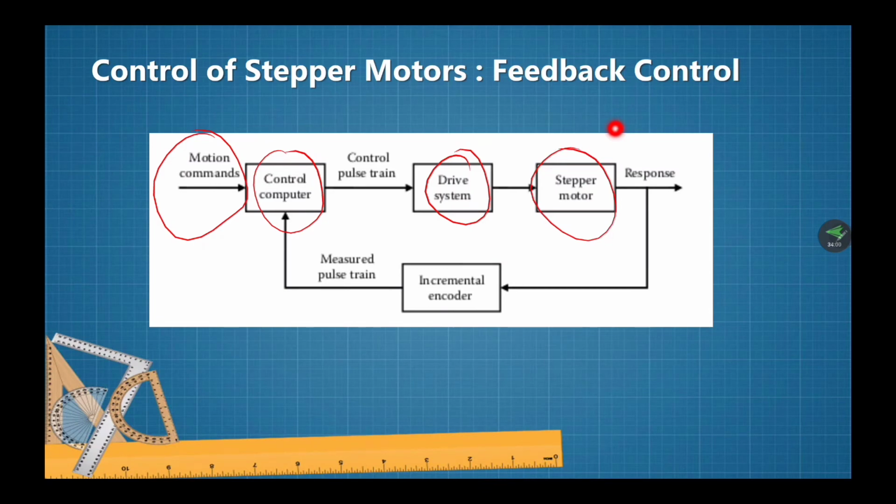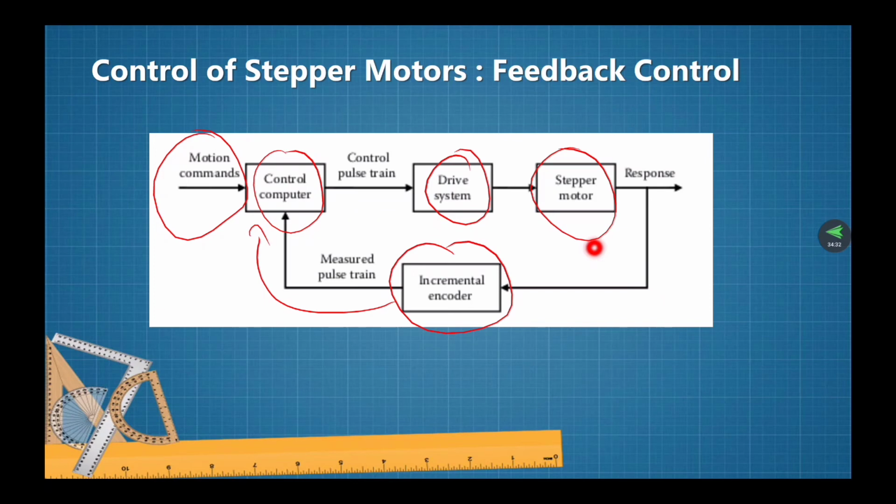The stepper motor gives a response, and if an error occurs, there is a feedback block, the incremental encoder, that measures a pulse train. It will be fed back to the controller or control computer to fix the error.